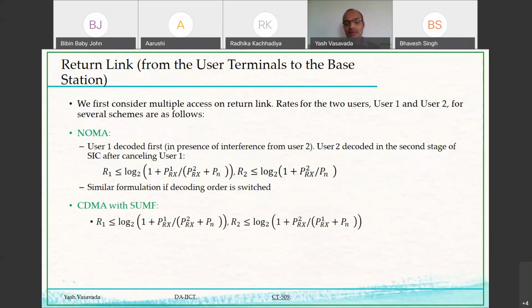Well, in CDMA, we say that user 1 sees the interference of PRX2 plus PN, same as NOMA. But then user 2 also sees interference of PRX1 plus PN. And so this is what the CDMA can provide.